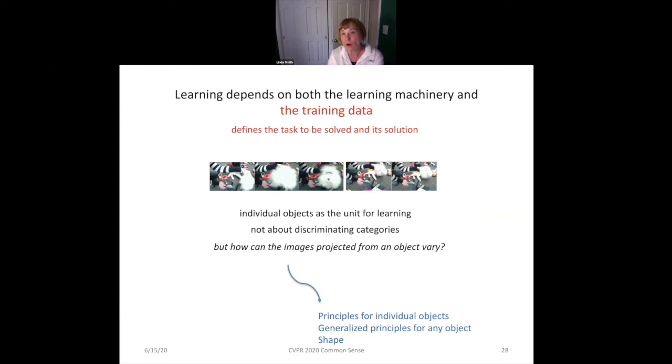And it strongly suggests that it's not foremost, or at least not originally, about discriminating categories, but maybe foremost and most originally about how images projected from a single object can vary. And what this gives us is principles for recognizing individual objects. It may give us generalized principles for how we can recognize any object from a variety of projected images, and it gives us shape.